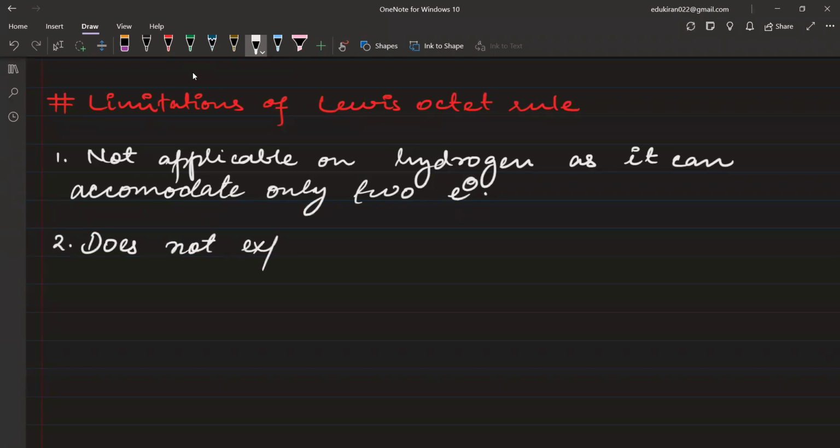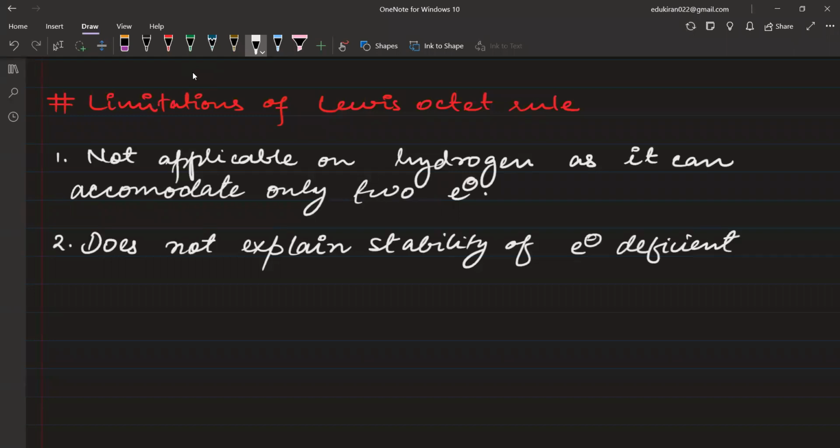Does not explain the stability of electron deficient compounds. For example, we have lithium chloride.